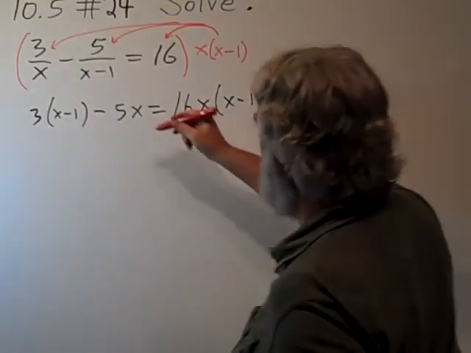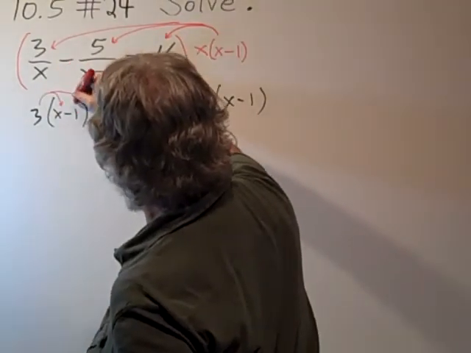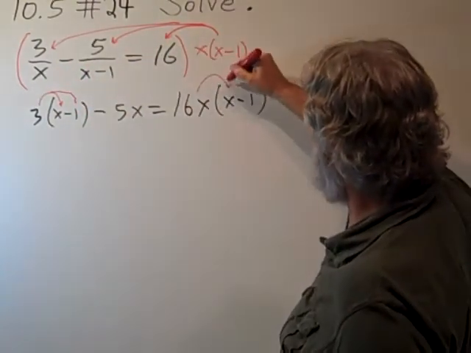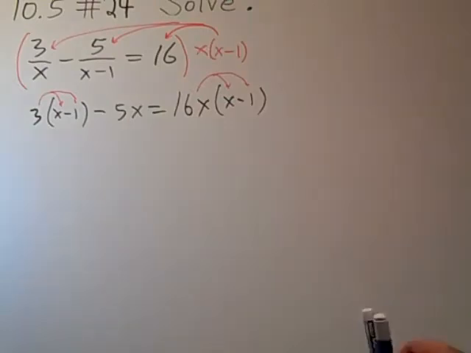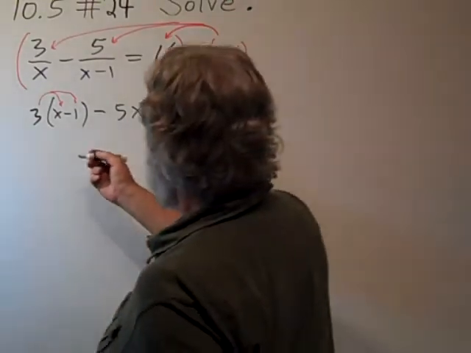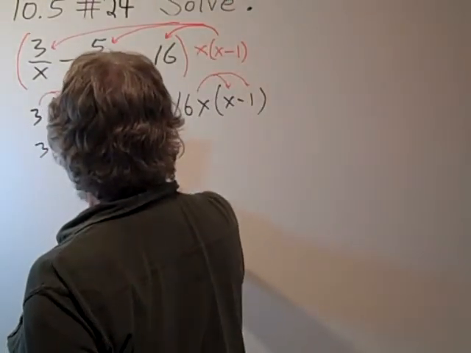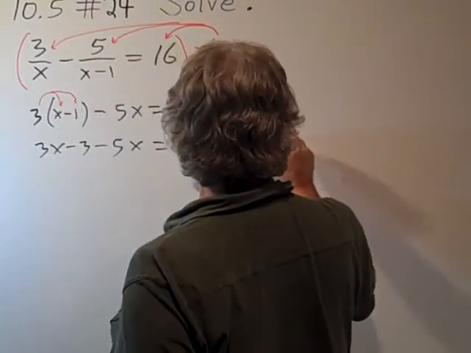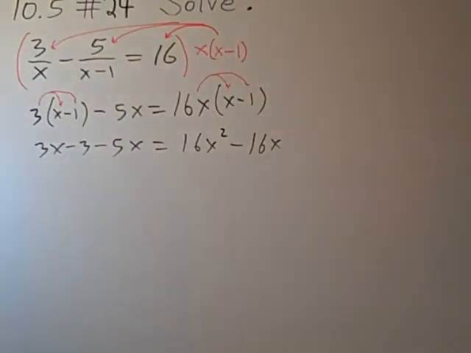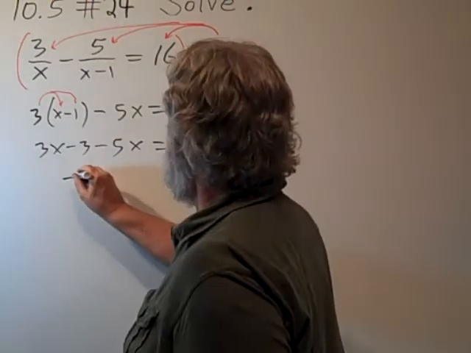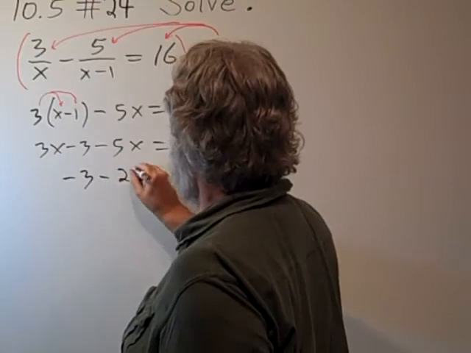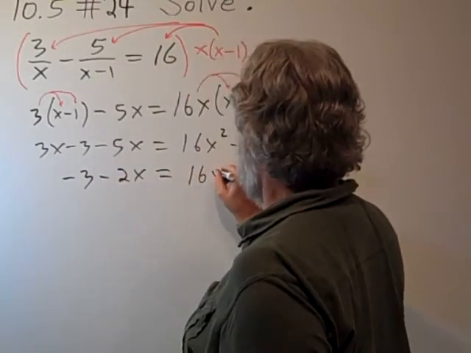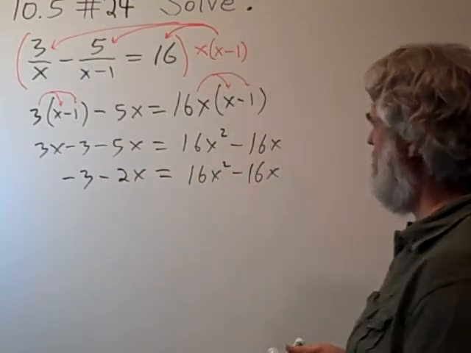Distributing the 3 through the parentheses here and the 16x through the parentheses on the right side, we get 3x minus 3 minus 5x equals 16x squared minus 16x. Combining like terms on the left, we have negative 3 minus 2x is equal to 16x squared minus 16x.